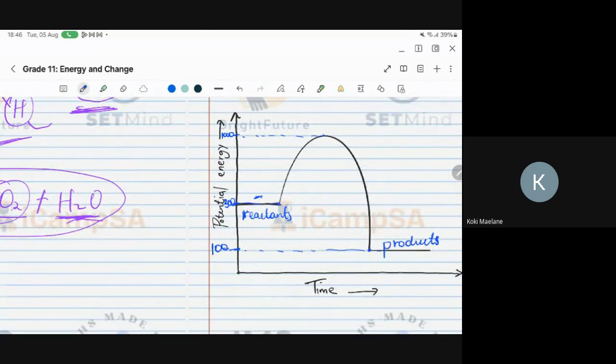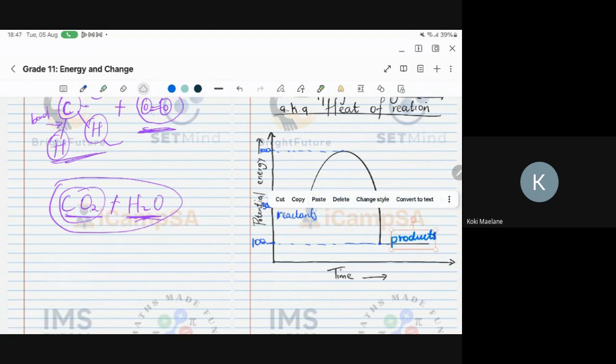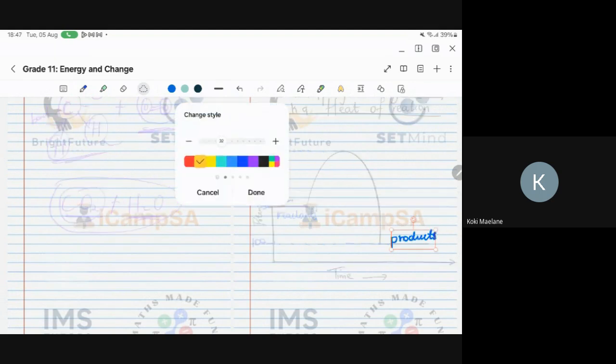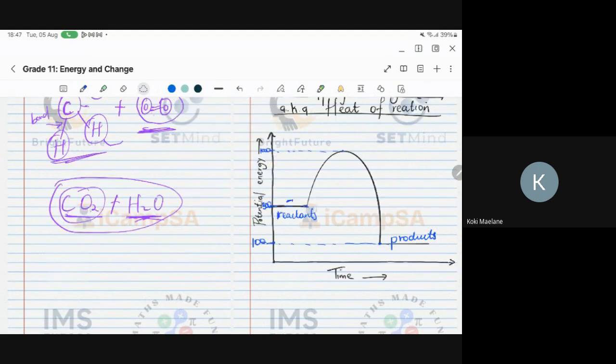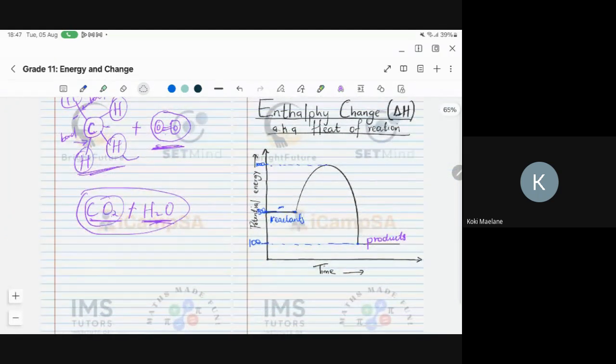Now, let me actually change this. Right, so reactants and products.